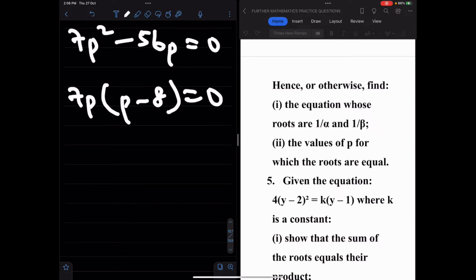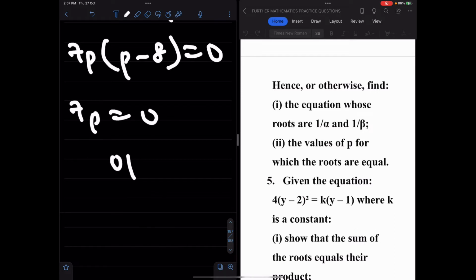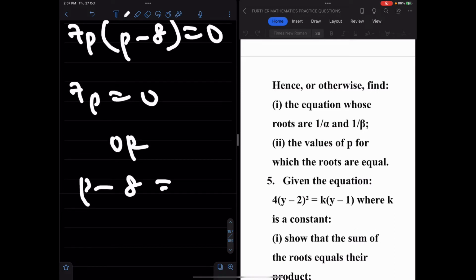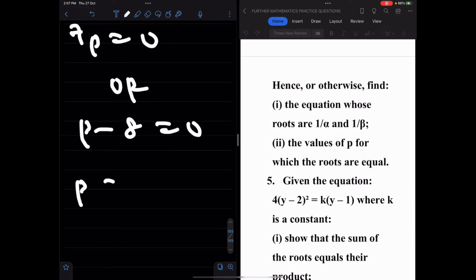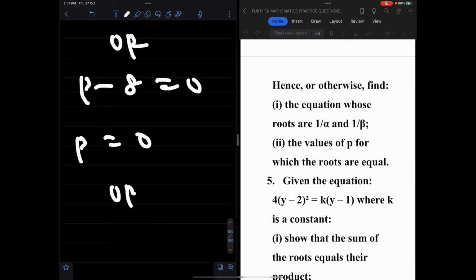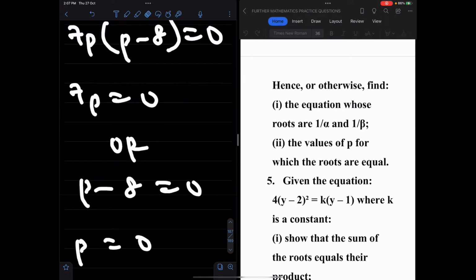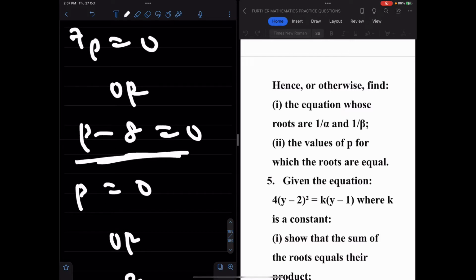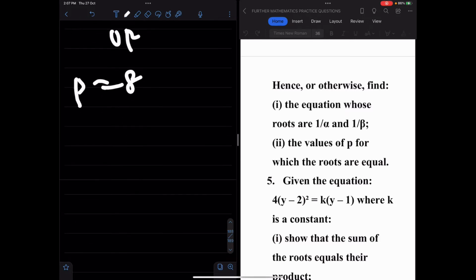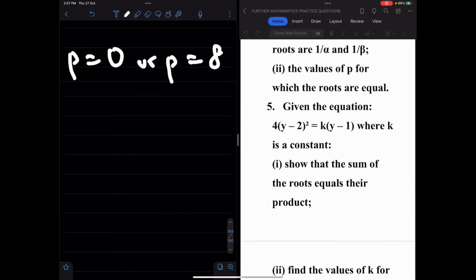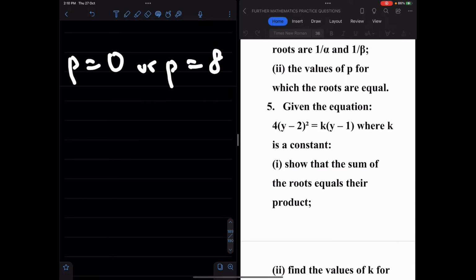This is supposed to give us two values because it's a quadratic equation, and this is the same as 7p equals 0 or p minus 8 equals 0, which means p equals 0 or p equals 8. Of course, if you divide both sides by 7 here, you get p equals 0, and from here p is equal to 8. So the values of p are therefore p equals 0 or p equals 8, and that's the answer to that, very, very simply. Now we go straight to number 5.